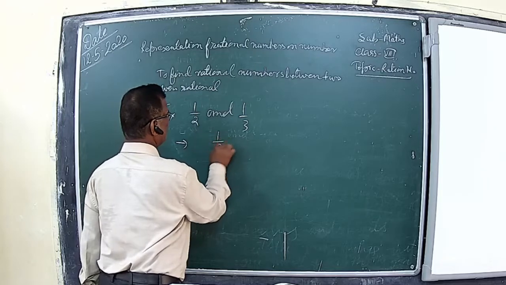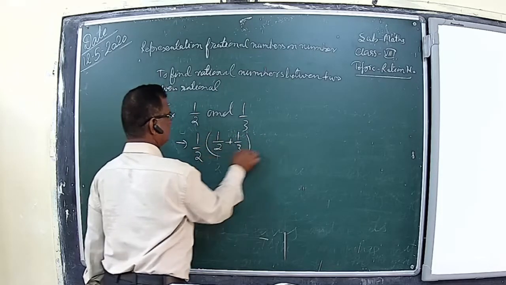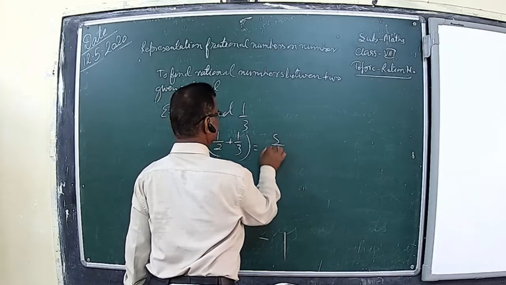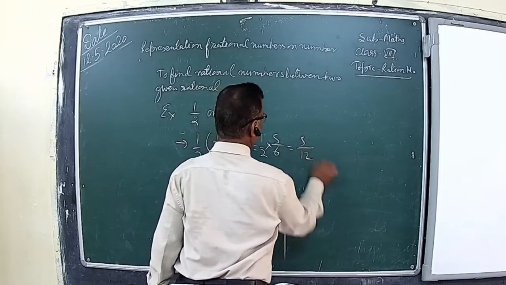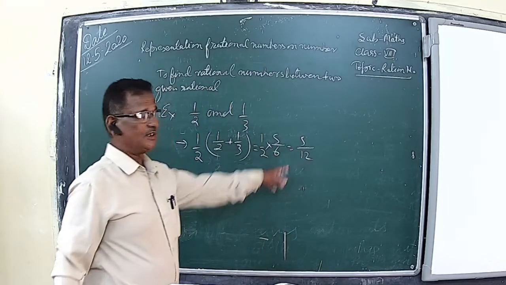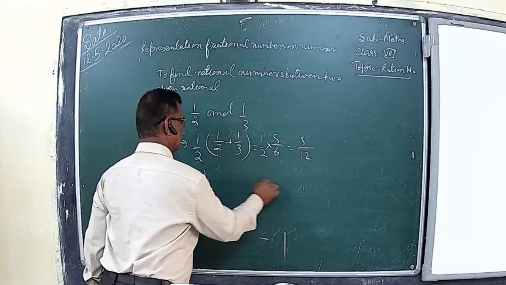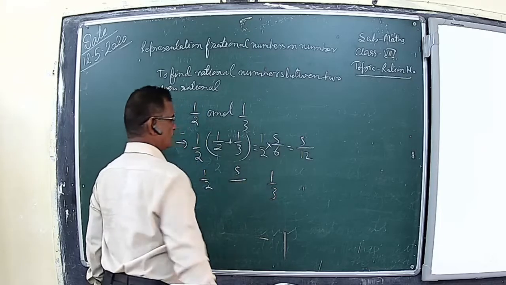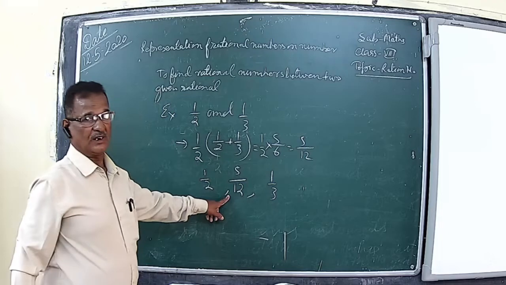Add them: 1 upon 2 plus 1 upon 3 is 5 upon 6, divided by 2, that is 5 upon 12. This is the rational number between 1 upon 2 and 1 upon 3.